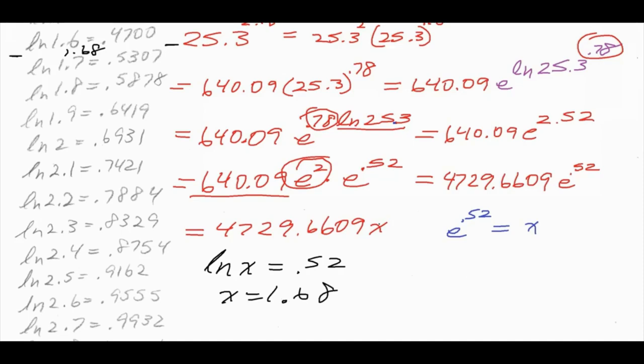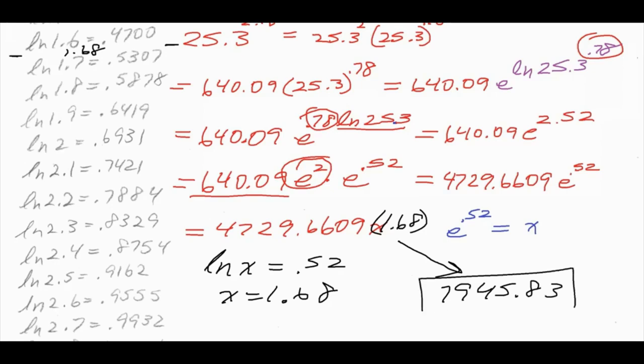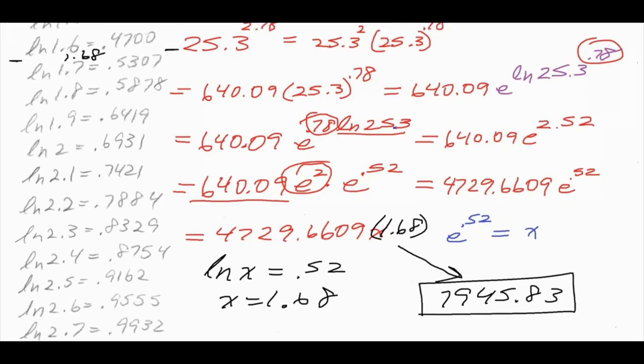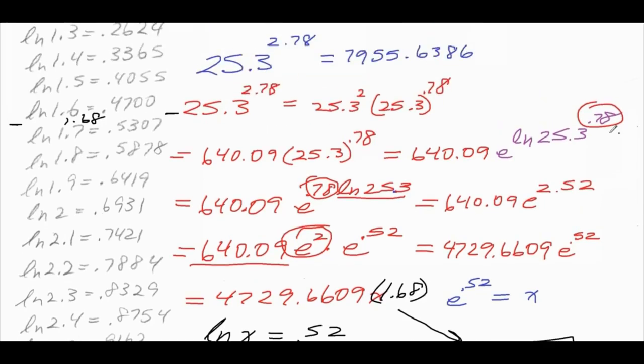And now you could multiply this by 1.68, and that would give the answer of 7945.83. And that is the number we're after. So 7945, and the real answer is 7955. Well, for being in the thousands, that's a pretty darn good approximation of this number.